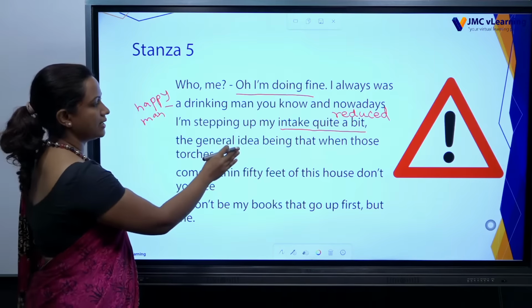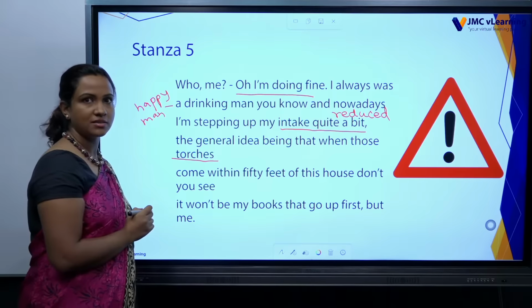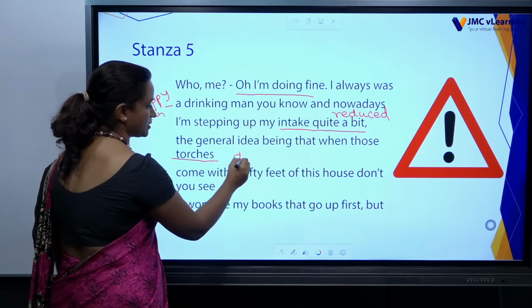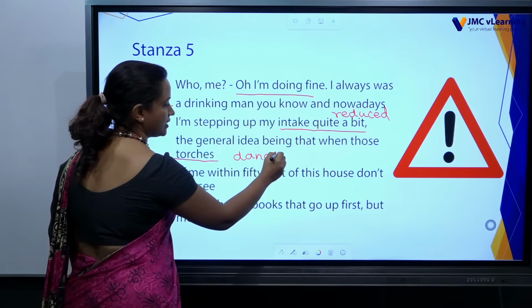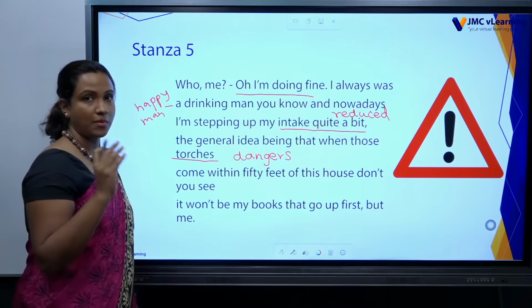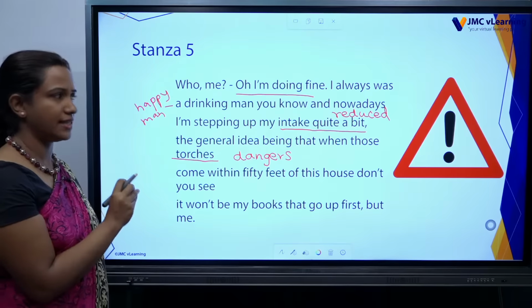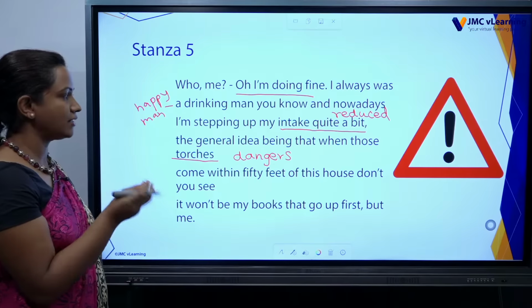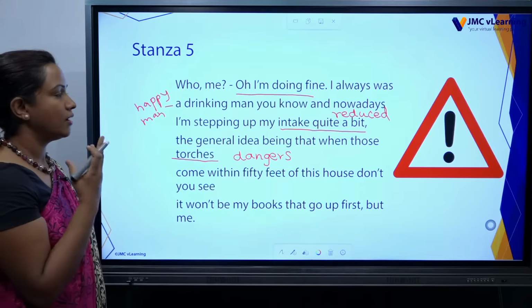The general idea being that when those torches, meaning those people who bring the dangers, come at night, right? They come at night and bring danger to these poor civilians. They are innocent people, right? They don't have anything to do with anything, but they are getting harmed by these riots.